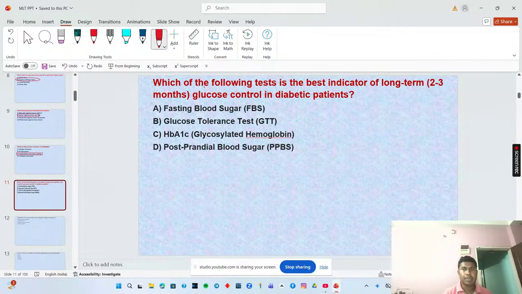Which of the following tests is the best indicator of long-term, 2 or 3 months, glucose control in a diabetic patient? The answer to this question will be HbA1c, which is glycosylated hemoglobin.